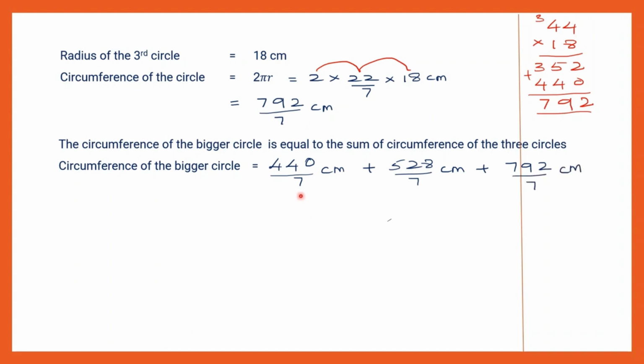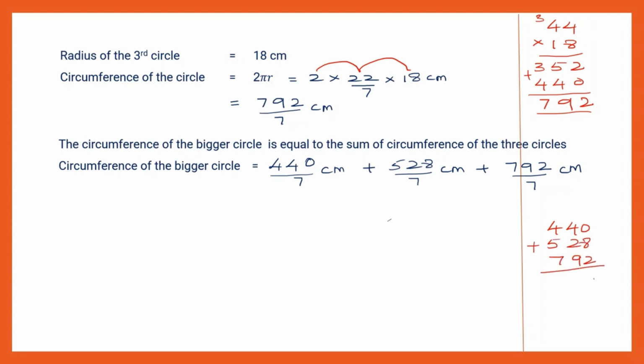Now these are all like fractions because they have the same denominator 7. So all we have to do is simply add up all three numerators. So let's do that addition. 440 plus 528 plus 792.